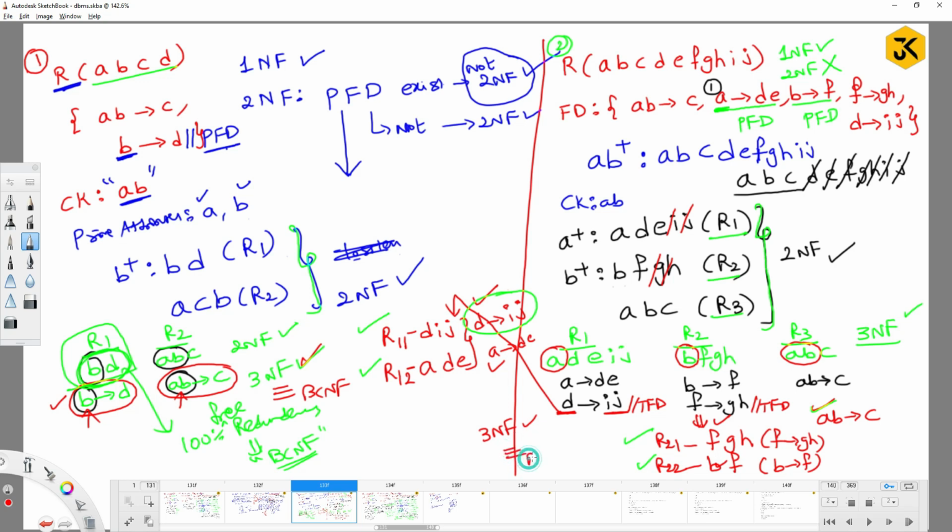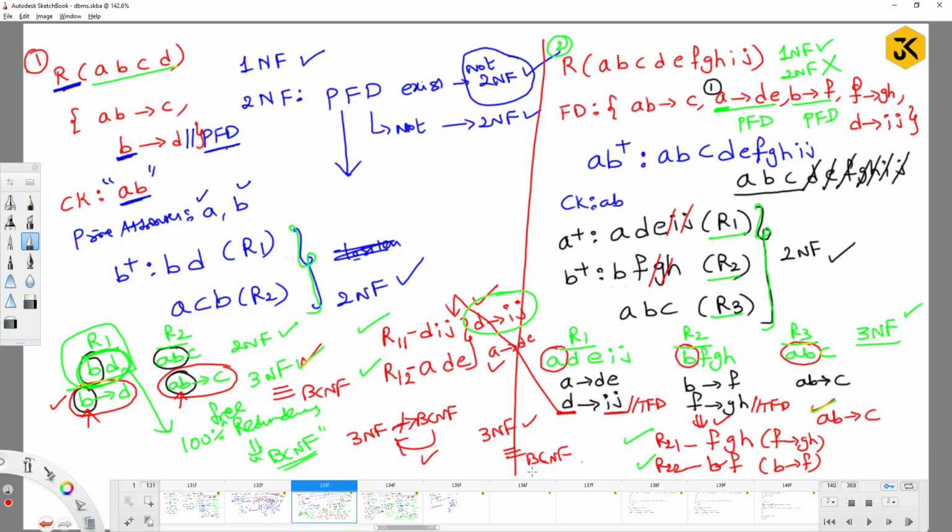Am I right or not? But there are certain situations where not every 3NF can be a BCNF, because in 3NF the right side can be a prime attribute. That is the reason 3NF cannot always be BCNF, but BCNF is definitely a kind of 3NF.